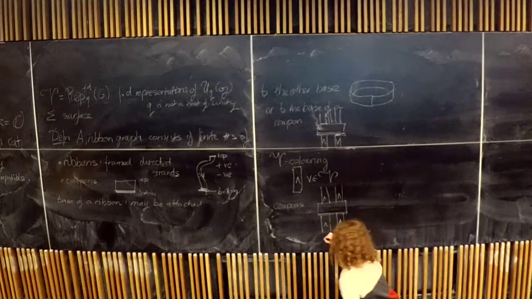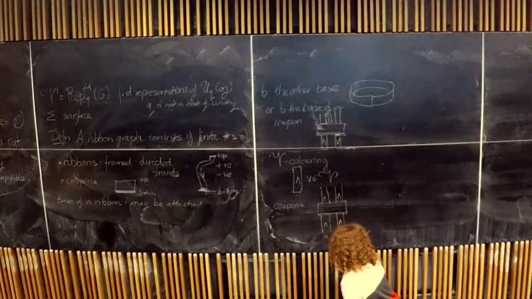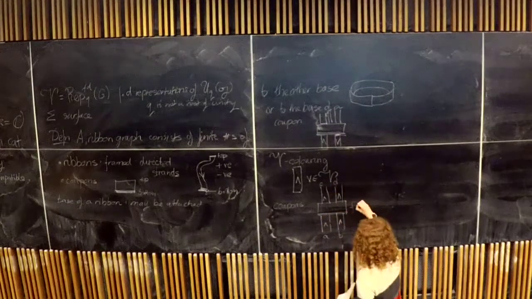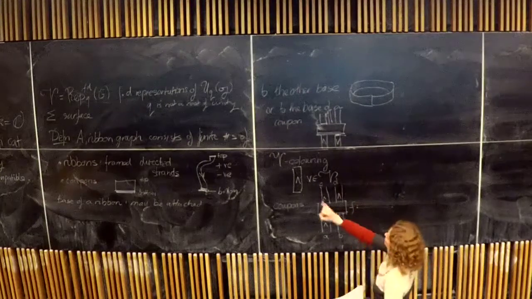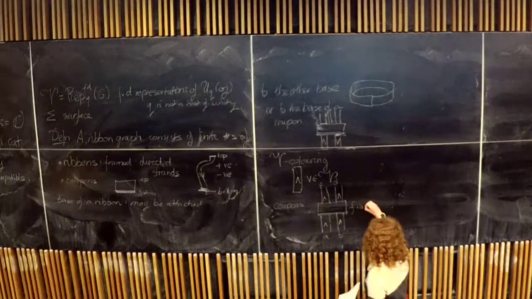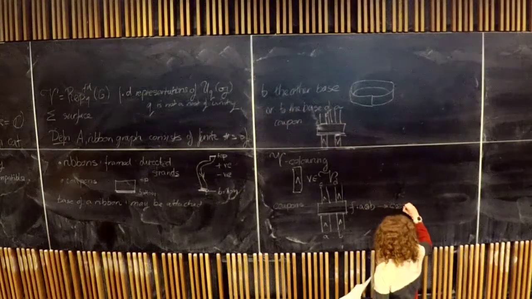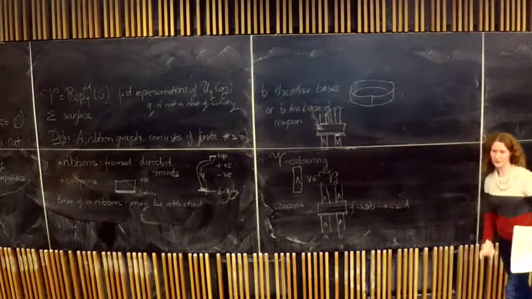Suppose we label these with A, B, C, and D. Then this coupon is labelled with a morphism in V from A tensor B to C tensor D.